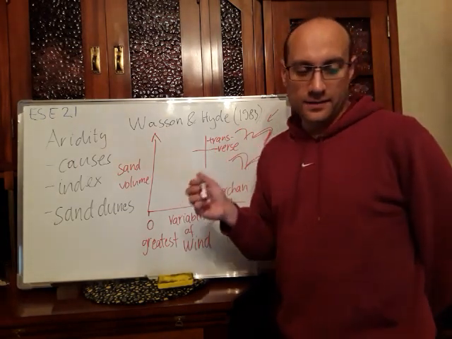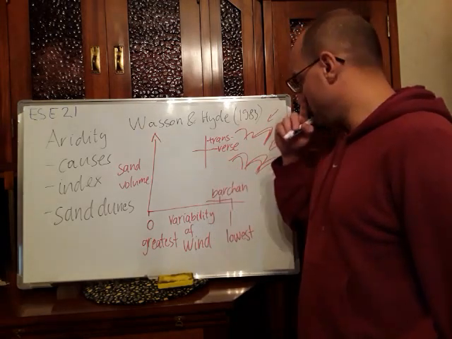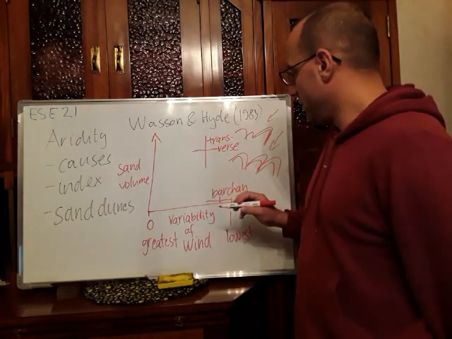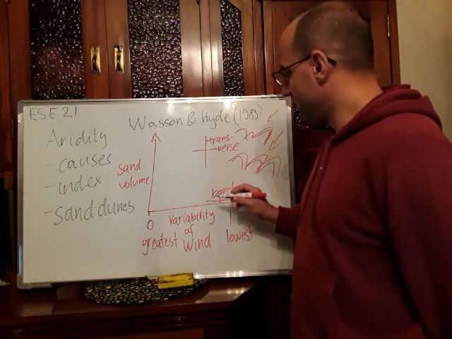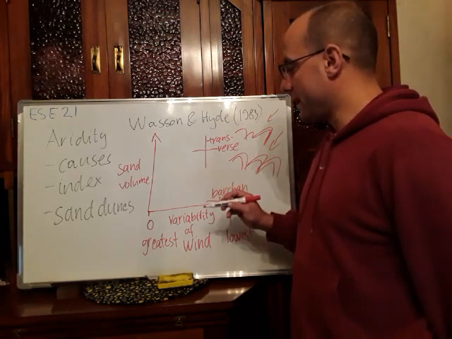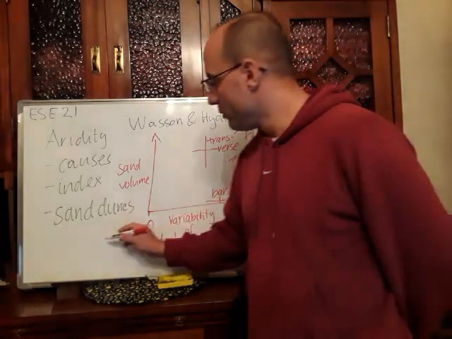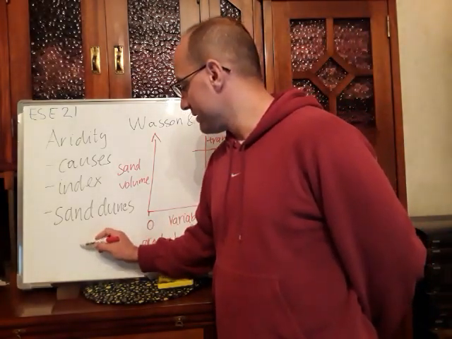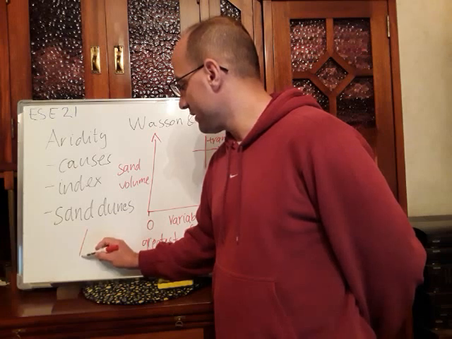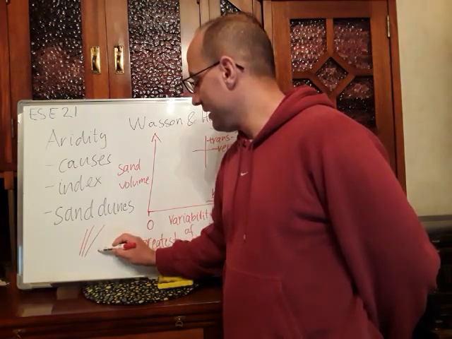And we said that there would be the linear dunes where there would be a larger variability in the wind directions. We have at least 2 different wind directions, and that's why we said that we have these lines.